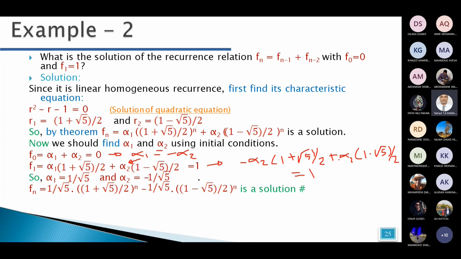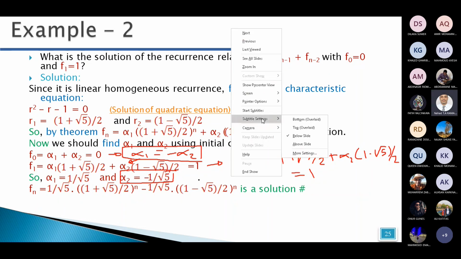So we have only alpha 2, and you can simply get alpha 2 equals minus 1 divided by root 5. And we said from this one, alpha 1 equals minus alpha 2, so alpha 1 is 1 divided by root 5.